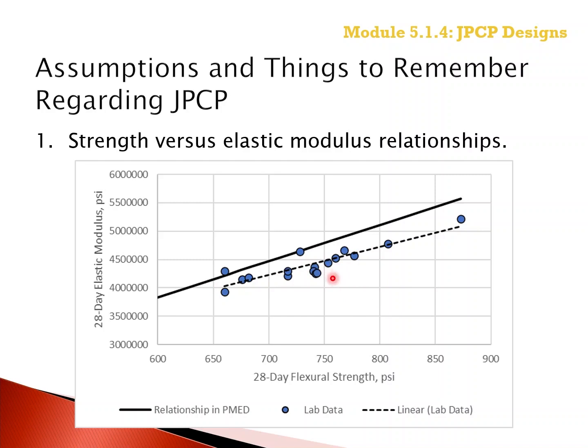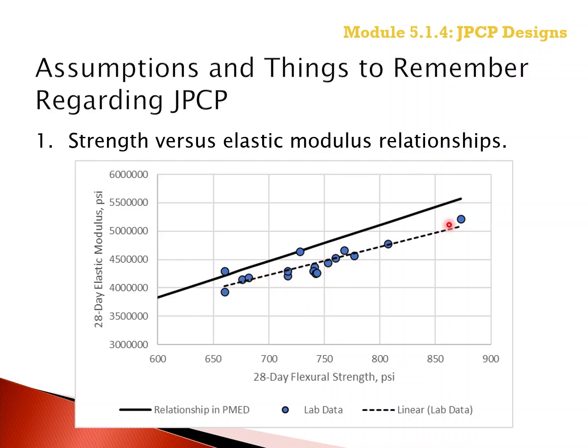The circles shown on the graph here simply display, from an individual state agency laboratory, measured values of 28-day flexural strength versus 28-day measured elastic modulus, not calculated by the software.